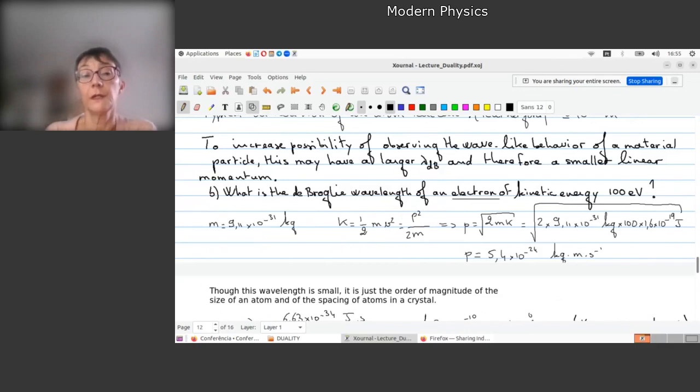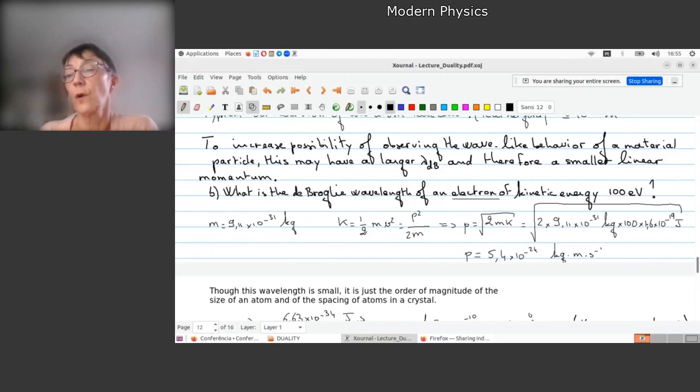The kinetic energy is p squared over 2m, okay. So you can calculate the linear momentum, which is the square root of 2mK. You put the numbers, and this is 100 electron volts.